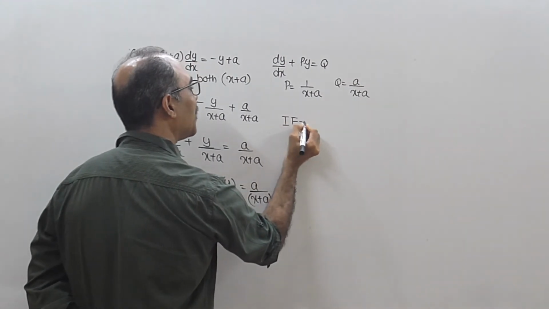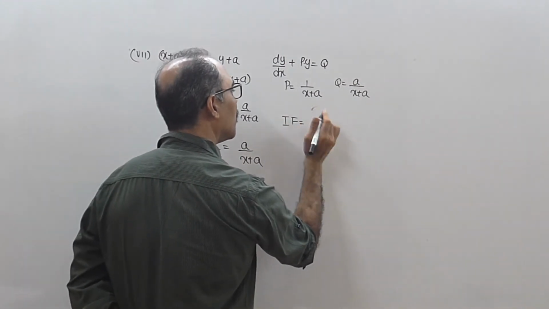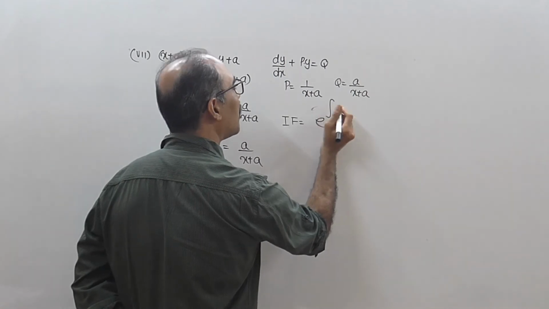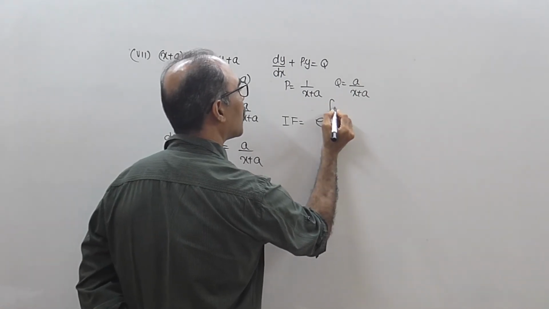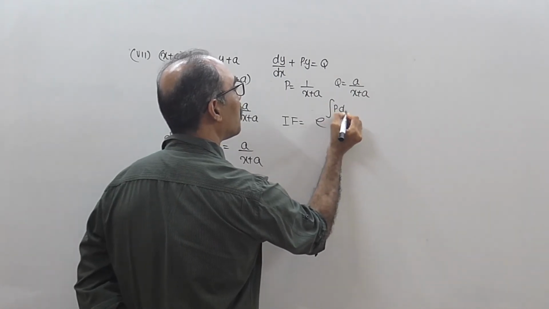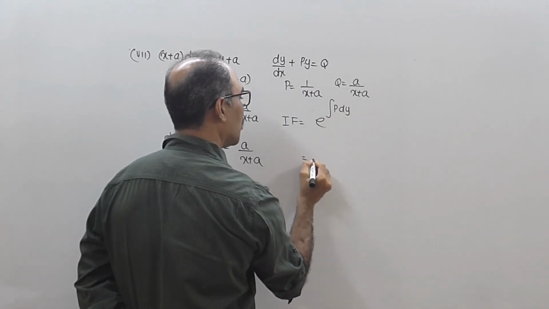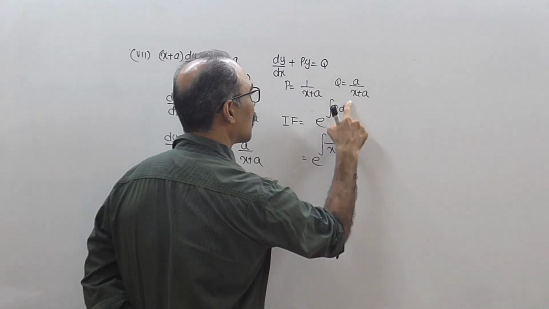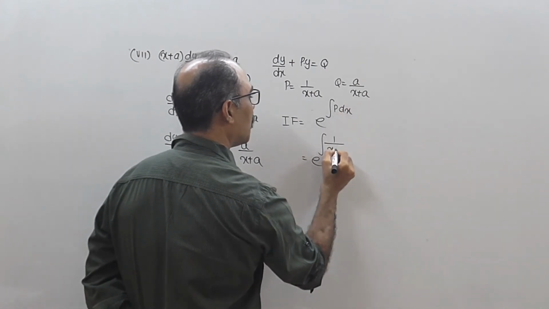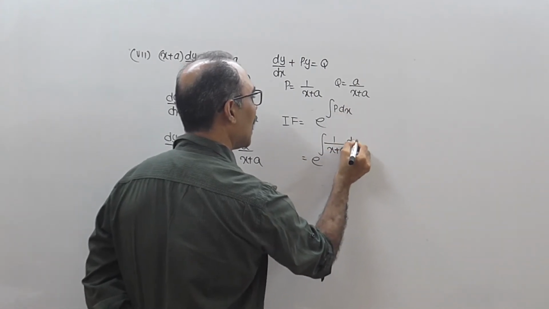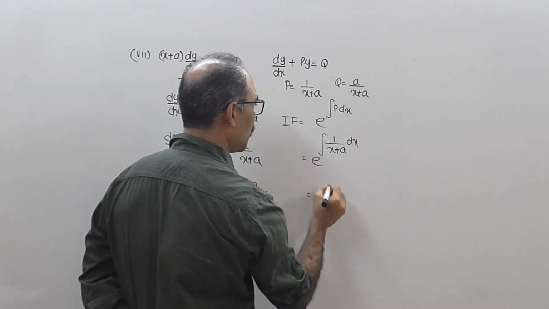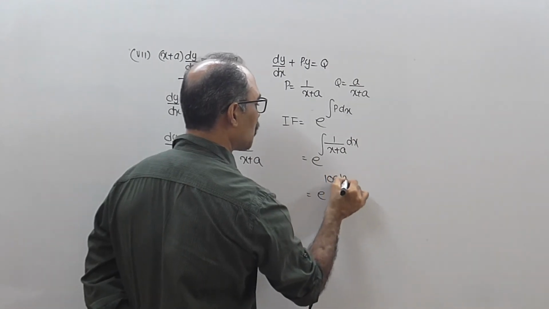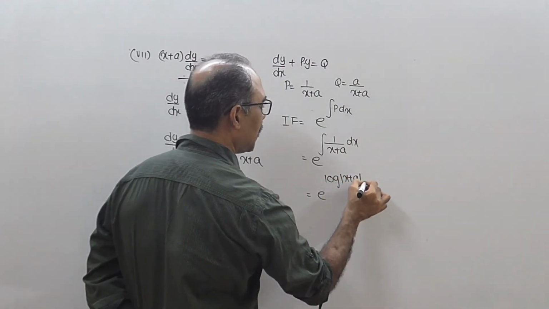My integrating factor will be e power integration of p dx, I'm sorry, e power integration of 1 upon x plus a dx. So the integration of 1 upon x plus a is log modulus of x plus a.